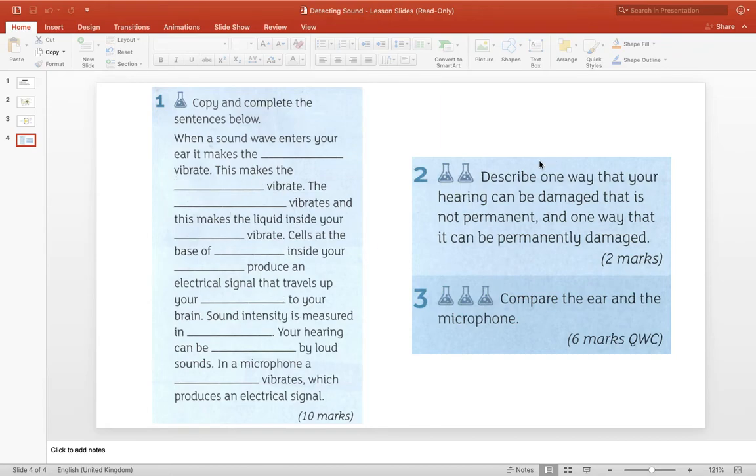For question 2 and 3, you need to write the question out in your book before answering it. Make sure you've got a different coloured pen available because we are going to go over the answers, and I do want you to mark and correct your work as we do that. So pause the video now, get a different coloured pen, and press play once you've had a go at all 3 questions.